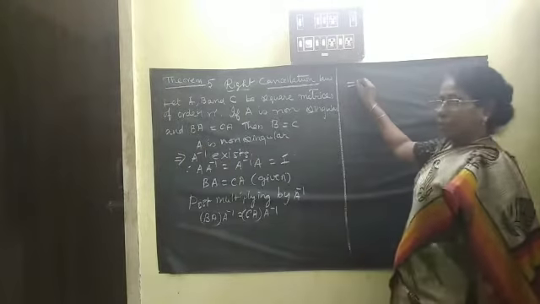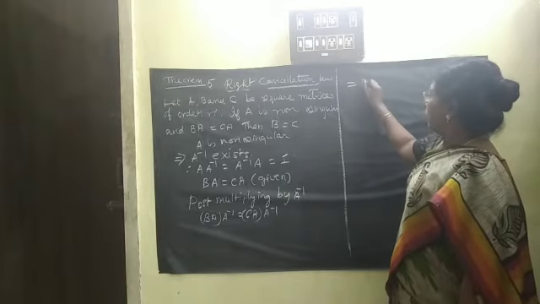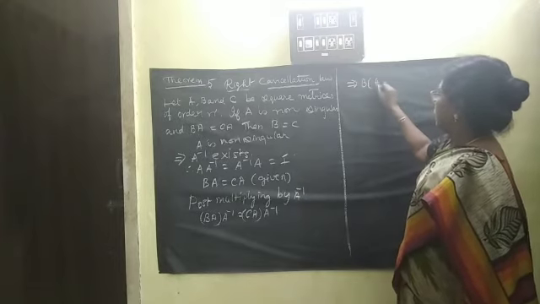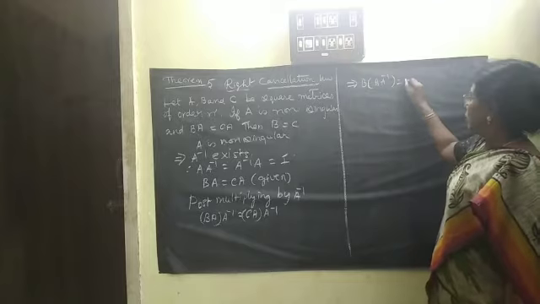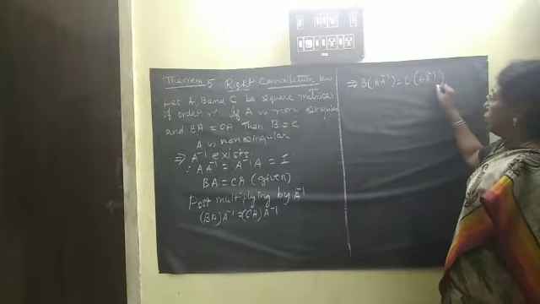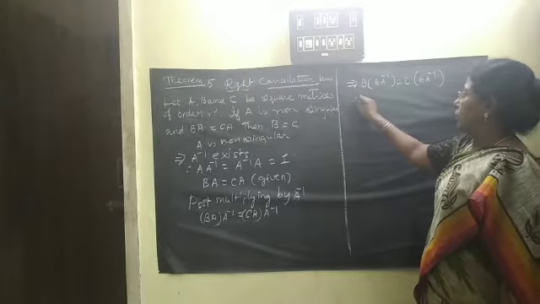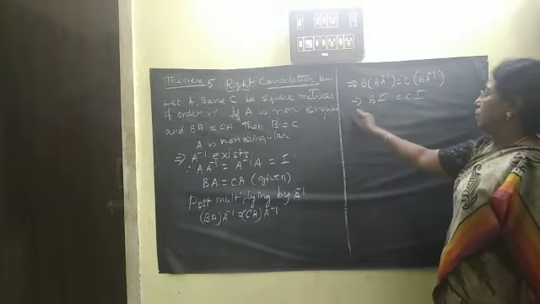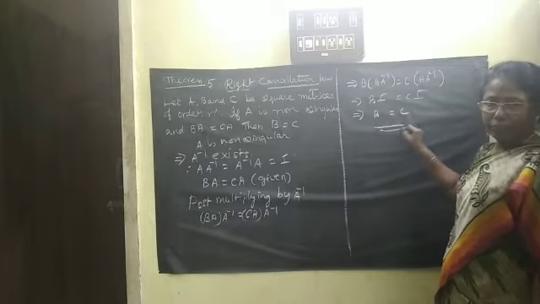By associative law, we can say B into A inverse is equal to C into A inverse. Now you know A A inverse is equal to I. So which implies BI is equal to CI gives you B is equal to C.